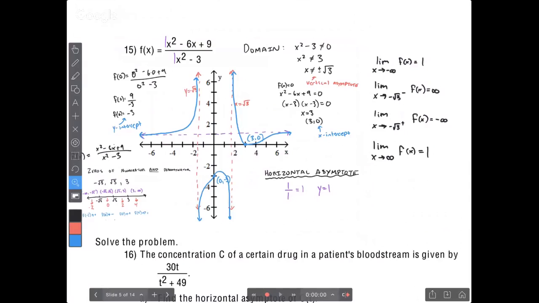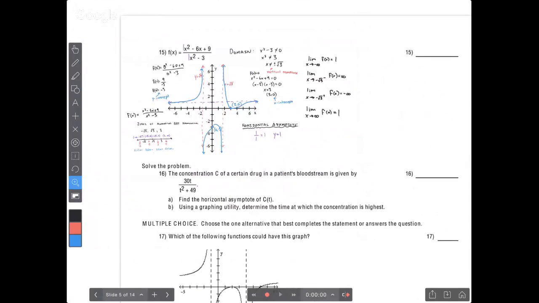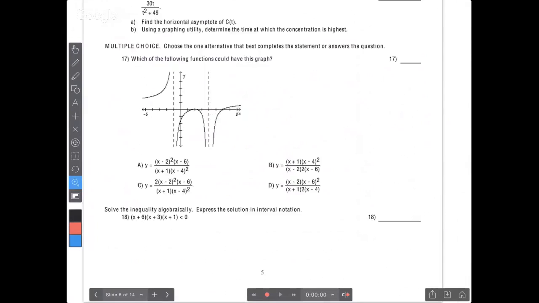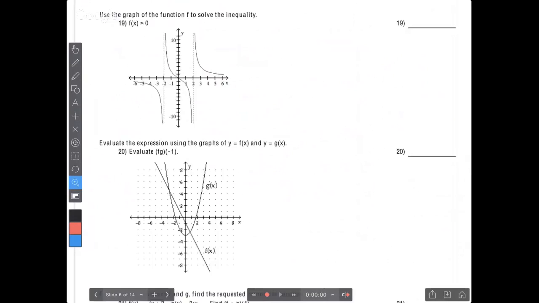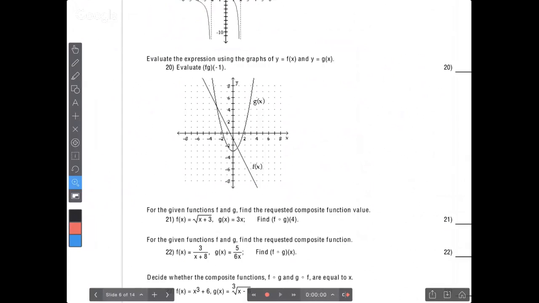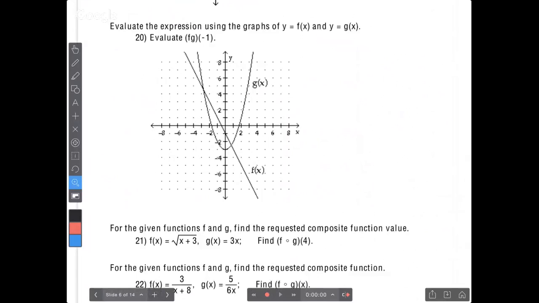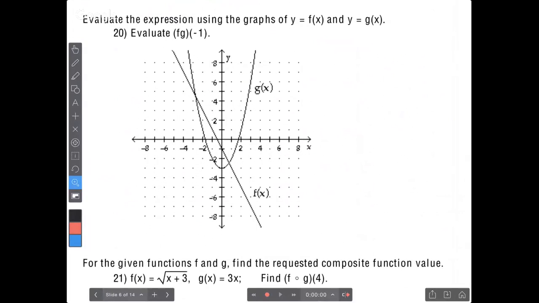Let's do number 20 then. 17, 18, that's page 5. 20. F of g of negative 1. Be able to think about function composition. F of g, ooh, that's terrible, of negative 1. So I want to take negative 1 and plug that into g of x.